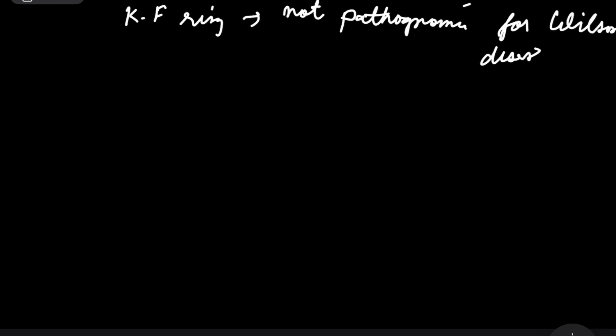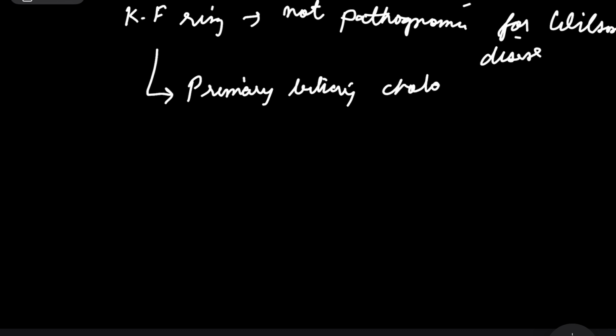So you see someone with a Kaiser-Fleischer ring in their eyes, it is not a 100% chance that that person is suffering from Wilson's disease. So the ring can be seen in other conditions as well, notably something called primary biliary cholangitis. Primary biliary cholangitis, a condition that we'll talk about in surgery.